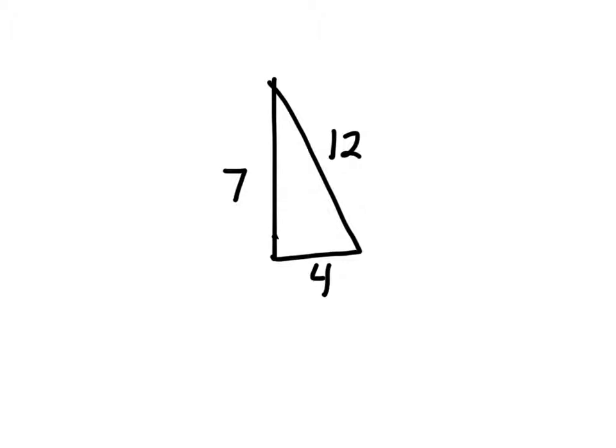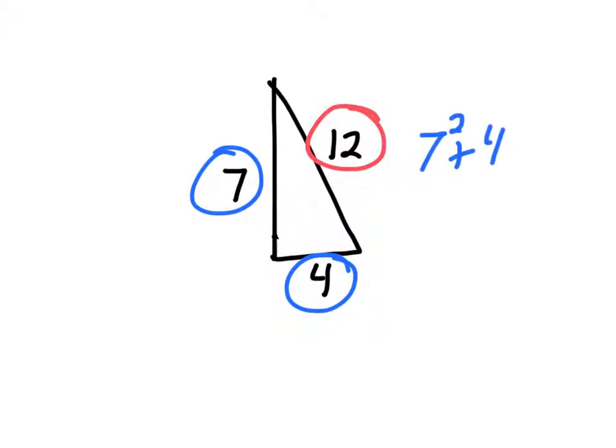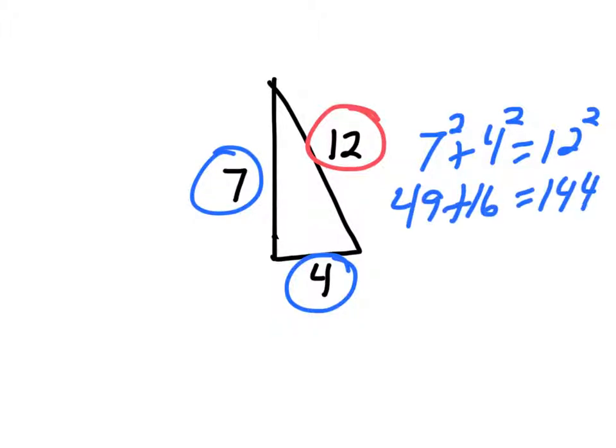The legs would be the two shorter sides because the hypotenuse is always the longest side. So the two legs, I'll circle in blue here. We would have 7 squared plus 4 squared equals 12 squared. So that's 49 plus 16 equals 144.